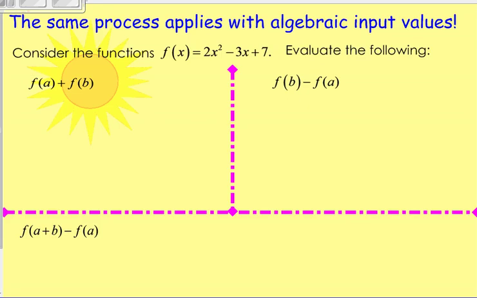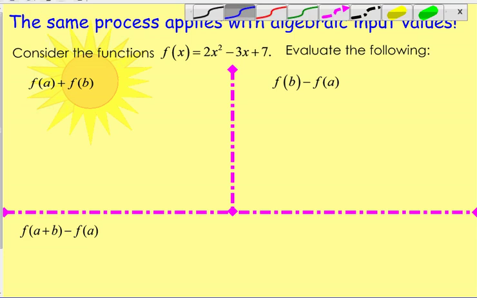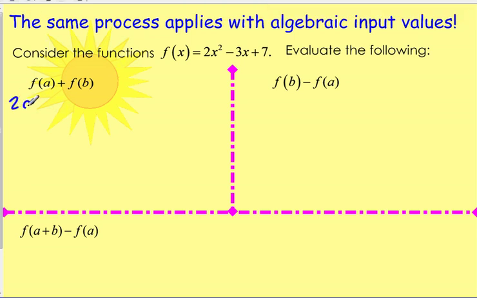Okay, now remember I said that f of a plus b is going to be different from f of a plus f of b. So f of a, remember, was 2a squared minus 3a plus 7. And then we're going to be adding 2b squared minus 3b plus 7.